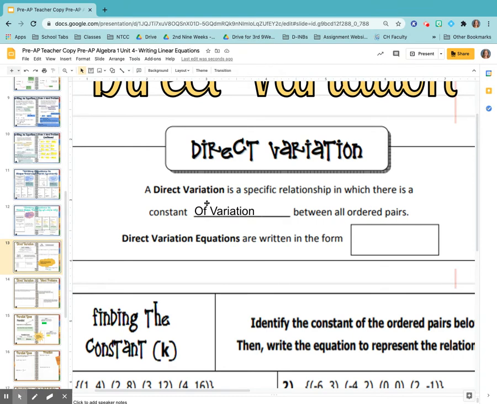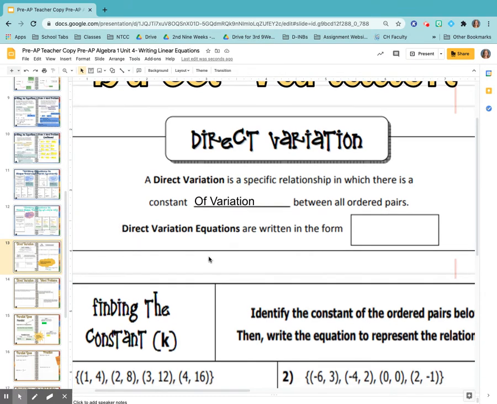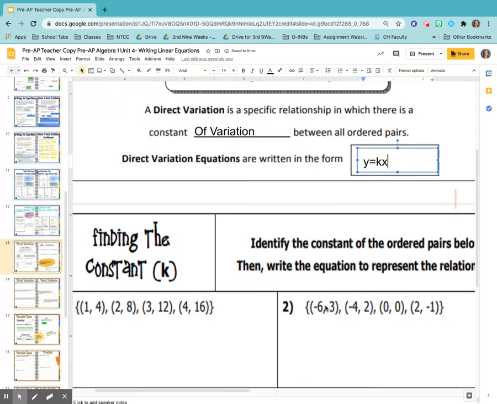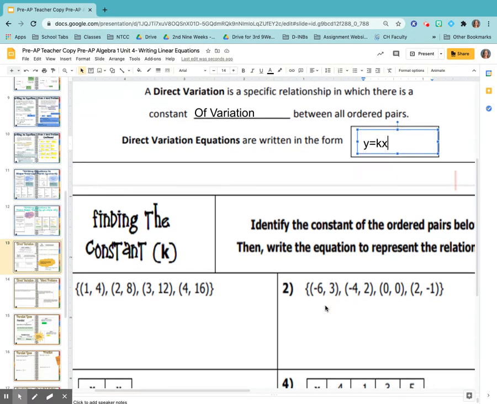Between all ordered pairs. So there's a constant of variation between all ordered pairs. Direct variation equations are written in the form. What is our equation that we use? Yep, y equals kx. Finding the constant k.